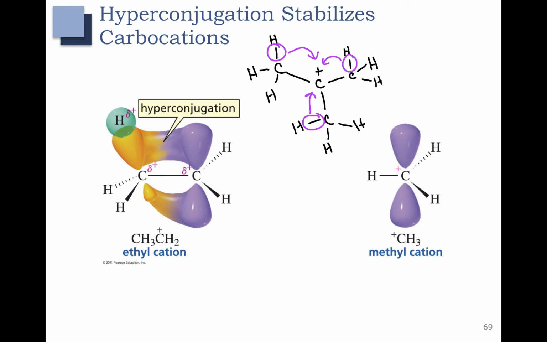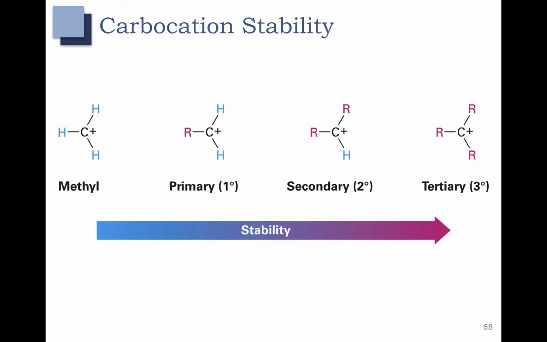So the more nearby carbon-hydrogen bonds you have, the more stable the cation is going to be. And you're going to have more nearby carbon-hydrogen bonds with tertiary carbocations. Remember, our trend here is tertiary is more stable than secondary, because tertiary carbocations will have more carbon-hydrogen bonds. Then we have secondary, and then we have primary, which is only going to have one nearby carbon-hydrogen bond.